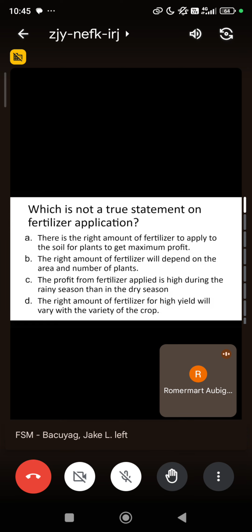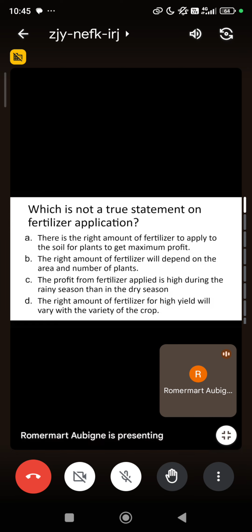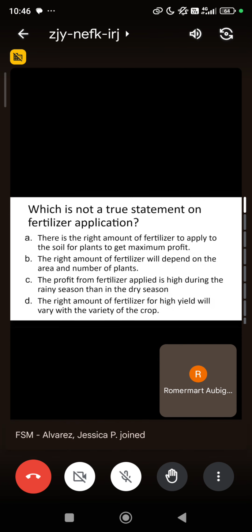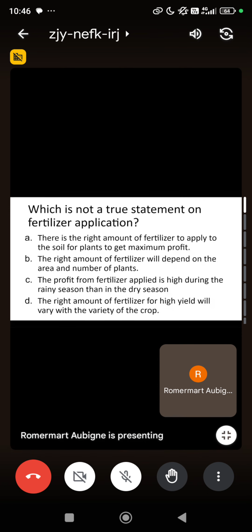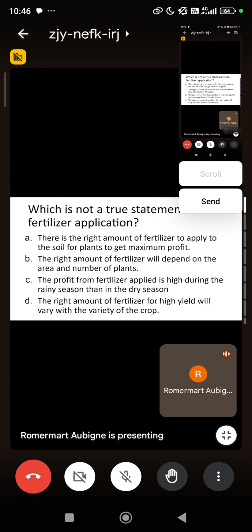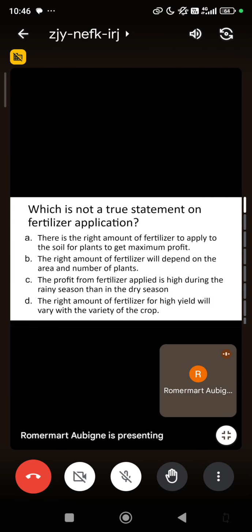So basahin natin isa-isa. There is the right amount of fertilizer to apply to the soil for plants to get maximum profit. This is true, or the letter A po is true. Next, the right amount of fertilizer will depend on the area and number of plants, which is also true.